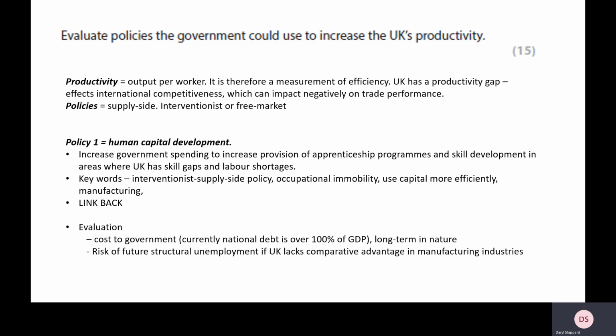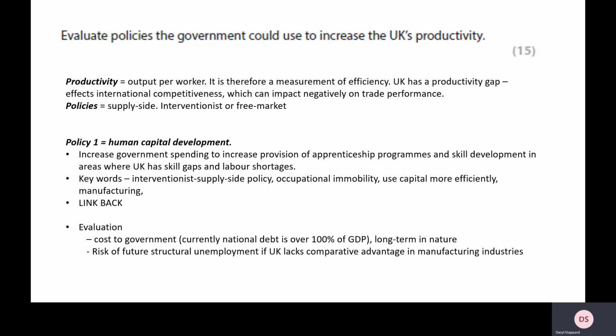This interventionist supply side policy would therefore allow these workers to be able to use capital on production lines more effectively, which would therefore allow them to become more productive, which means the output per worker in UK manufacturing will clearly increase.